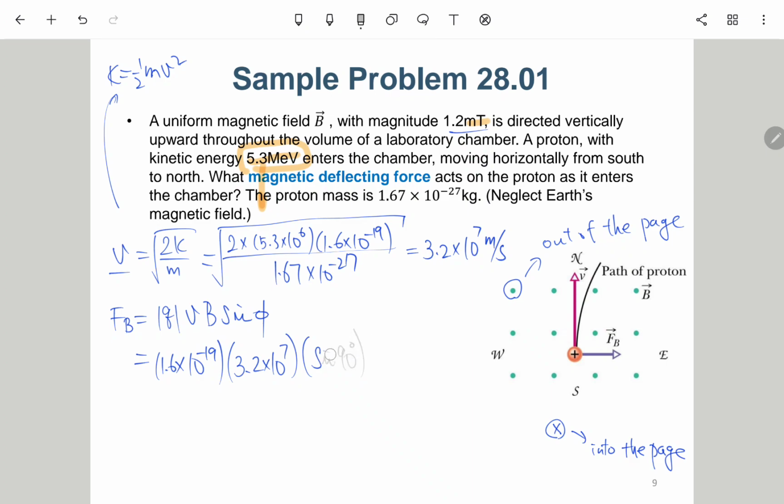Okay, sorry, I forgot the B. B is 1.2 times 10 to the negative 3 Tesla, and then times sine of 90 degrees. So the force will be 6.1 times 10 to the negative 15 Newton, which is quite small.